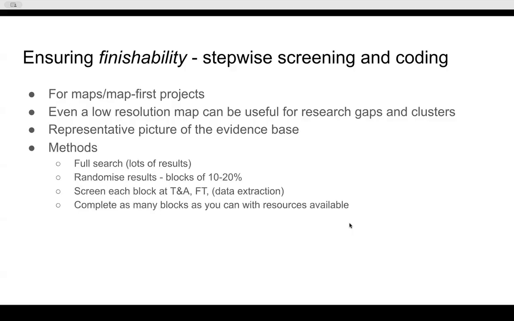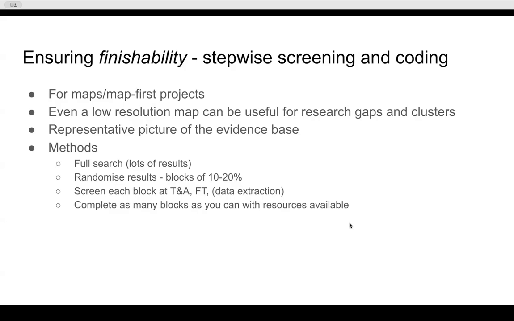So the way that we do this is that we conduct a full search as normal. We might get lots of results, several tens of thousands, maybe even more. But we then randomize those results and split them into chunks of 10 to 20%. And we then screen those randomly isolated chunks one by one.